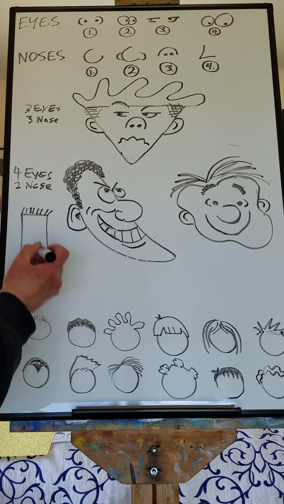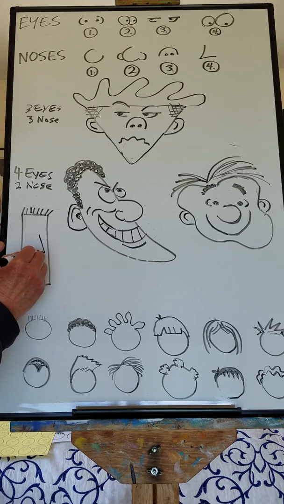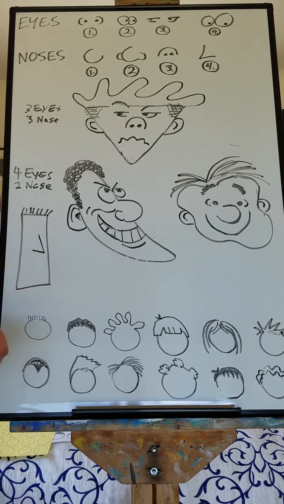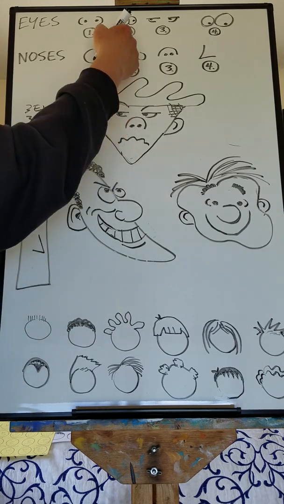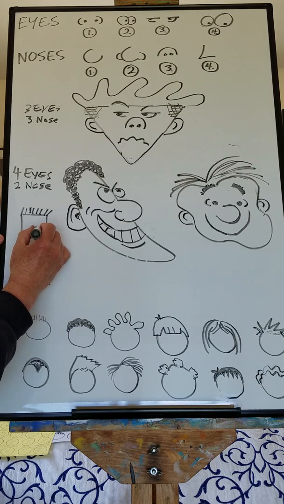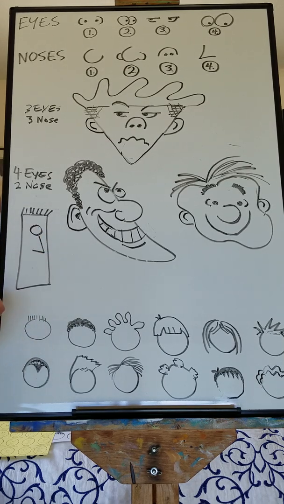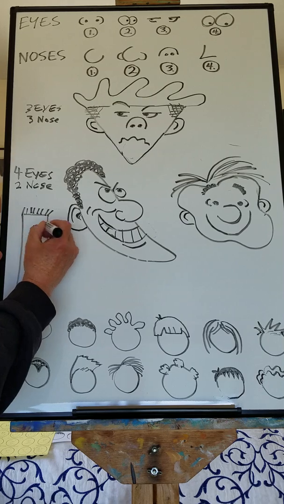Okay, let's do the L nose, but for some reason I just feel like we need to reverse that L. And we haven't done these eyes, so number 2 eyes. So let's put them way up high here. And so you do the first one as a circle. Wait a second, is that a cyclops? I don't know. Looks like a cyclops.